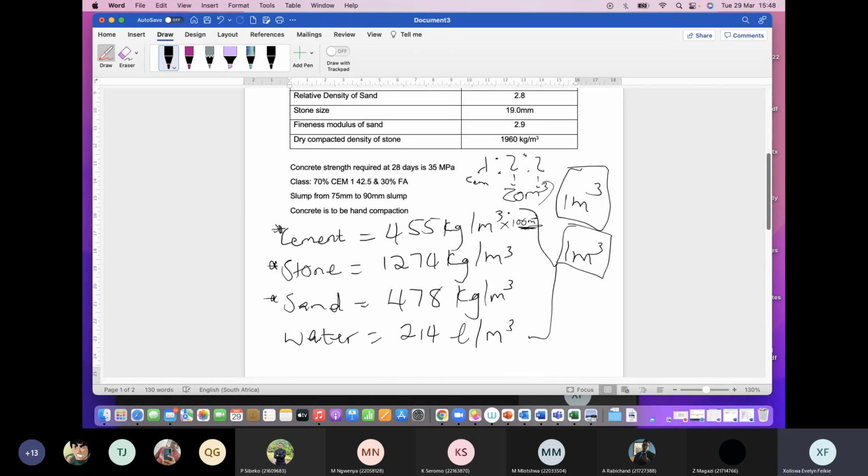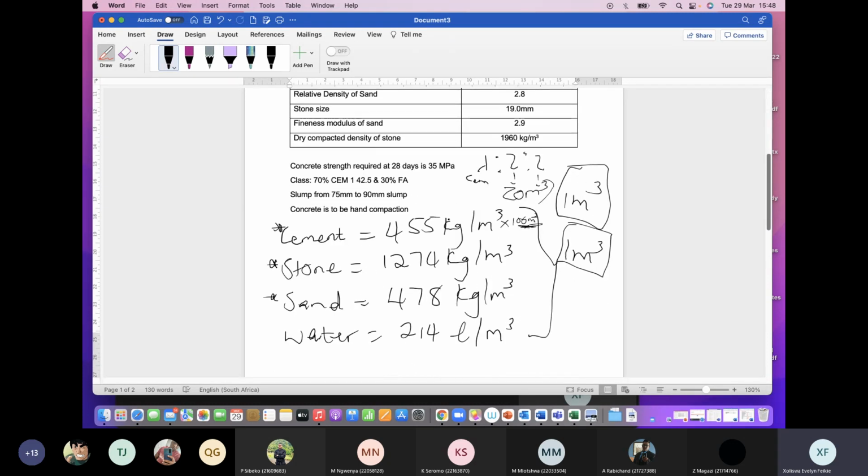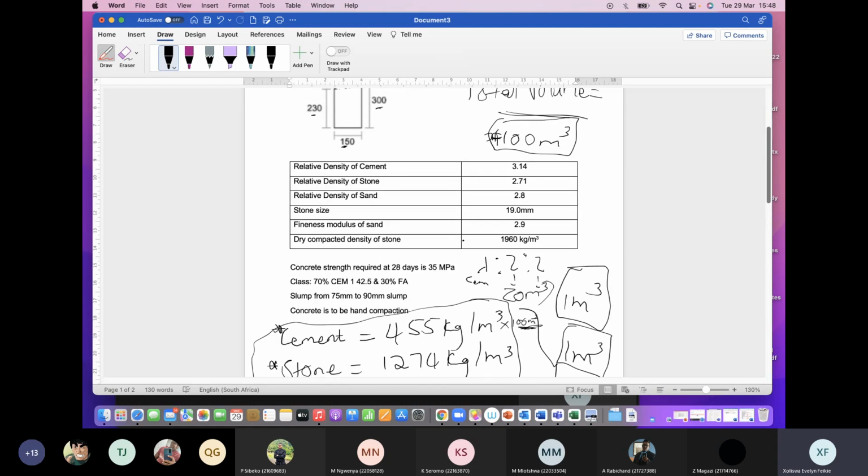Then you will tell them the quantities. If they just say determine the mixed design, then you will just stop here. You will not multiply these values by anything, but you will just convert them into a ratio. That's all. So do we all understand? Essentially, that is a mixed design.